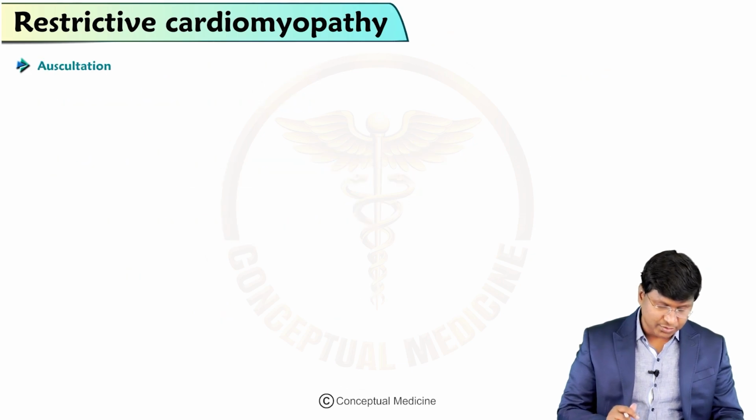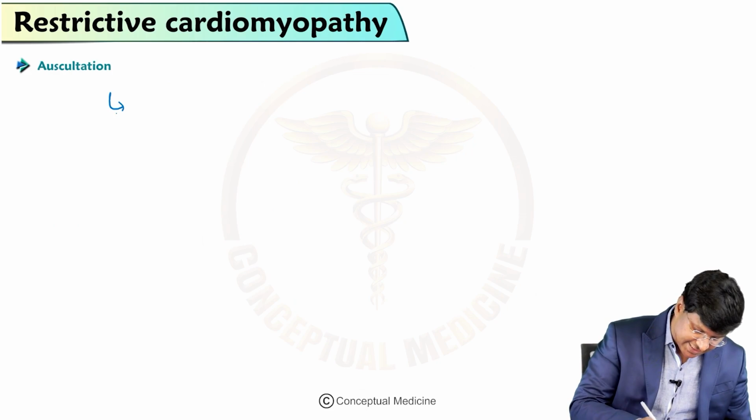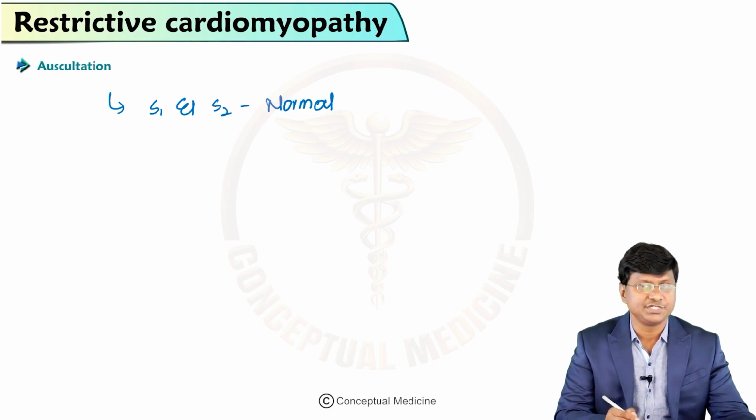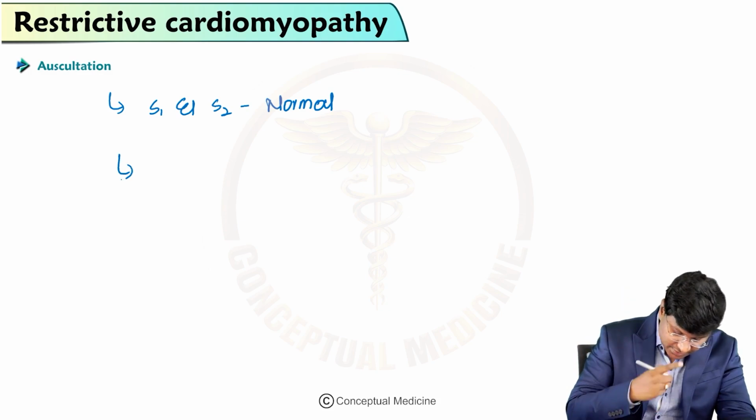Then, coming to the auscultation in these patients with restrictive cardiomyopathy. The first heart sound and second heart sound, S1 and S2, will be normal, and even the S2 split is normal.